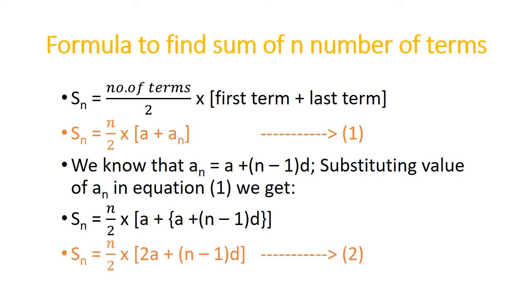When you open the bracket, this is the final answer you get: Sn is equal to n by 2 into 2a plus n minus 1 into d. This second formula is used when we don't know the last term. If we know the last term an, the first formula has to be used.